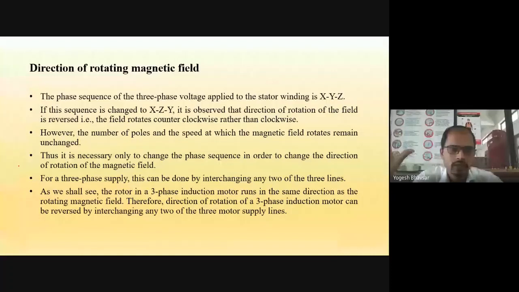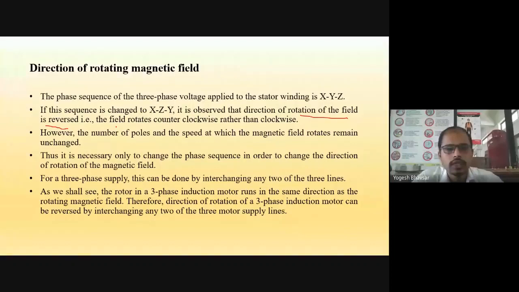Now, if we interchange any two phases from this sequence, it is observed that the direction of rotation of the field is reversed, right? And the field rotates counterclockwise rather than clockwise.